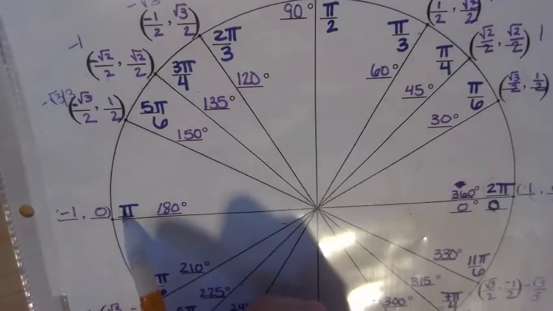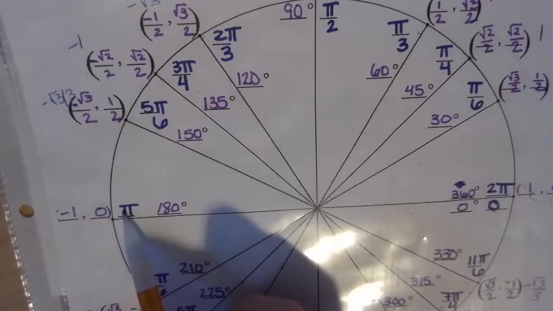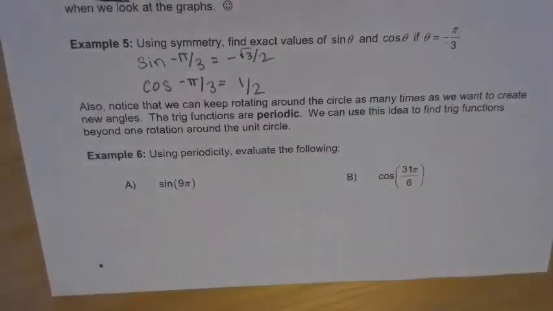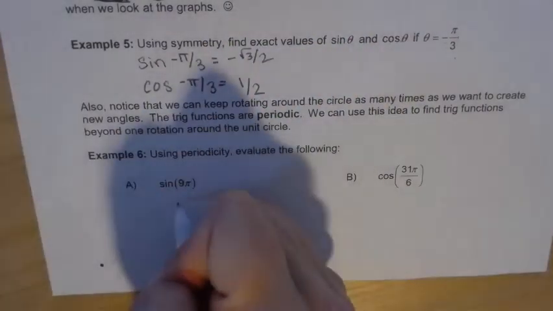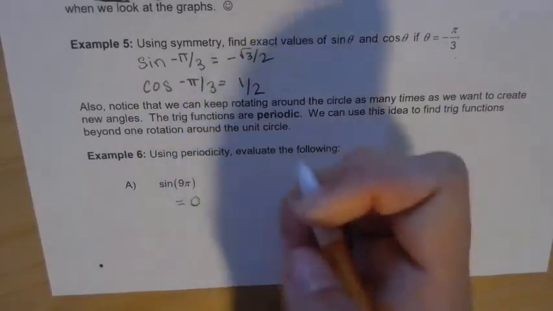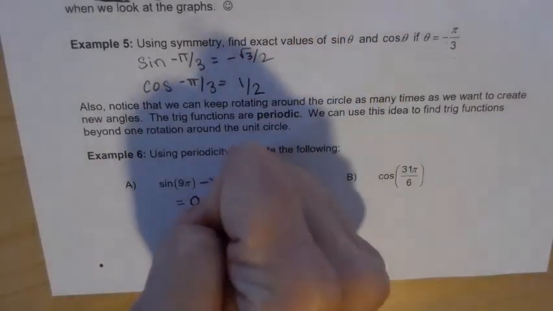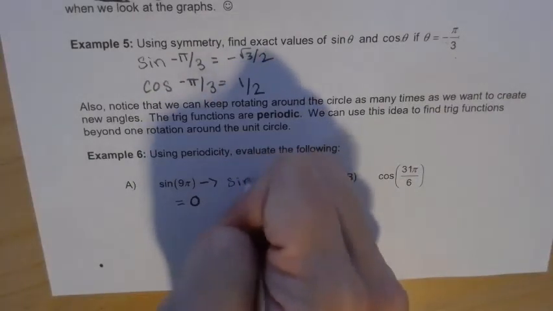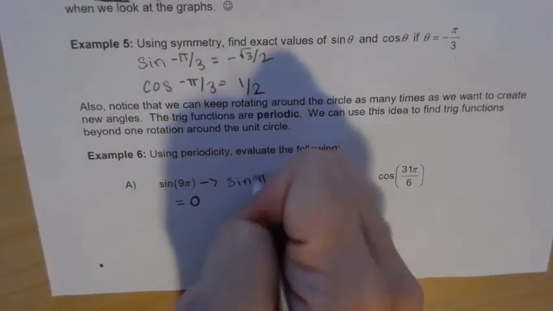Now remember, we wanted sine. Sine is the second part of the coordinate. So sine of 9 pi equals 0. So just remember that sine 9 pi was in the same spot as sine pi.